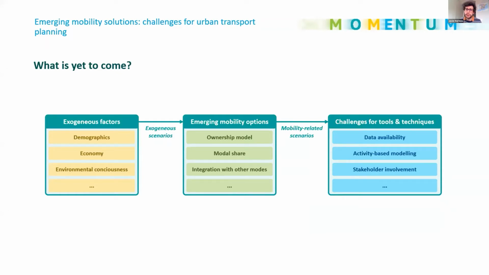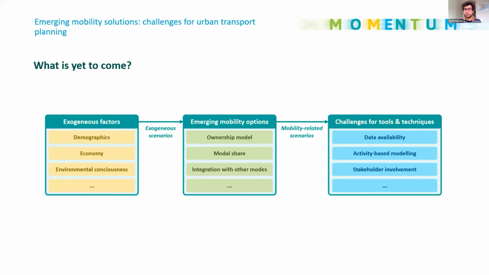And we used these scenarios to ask experts what are the plausible implementation level of each emerging mobility option under each exogenous scenario. We explore aspects such as the modal share that these options will achieve, or how these solutions will integrate with other modes.